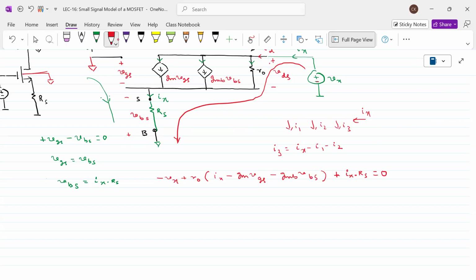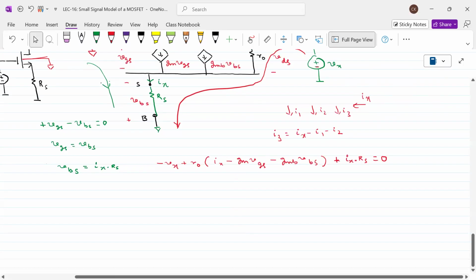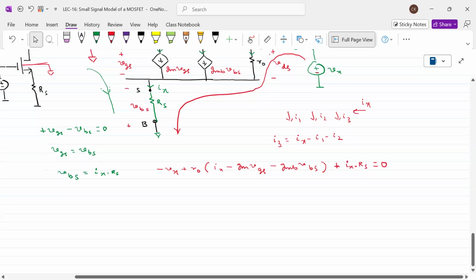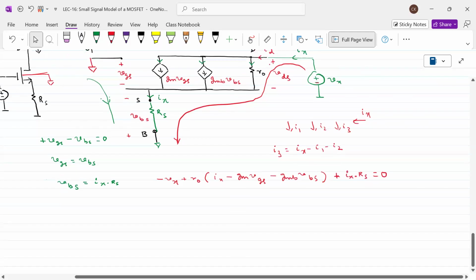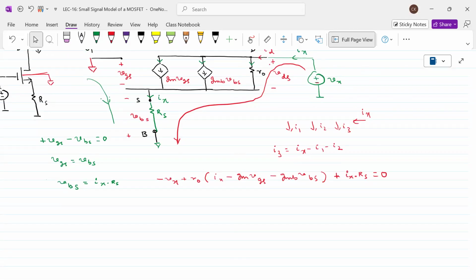What can we write for VBS? Can you solve this problem and tell me what Vx divided by Ix is? Take this equation and solve this problem.